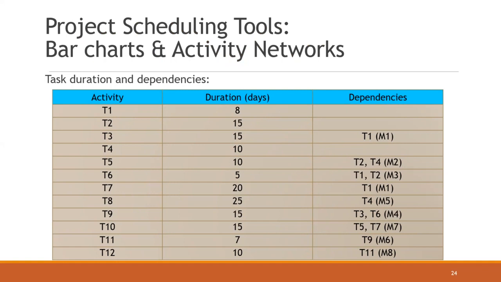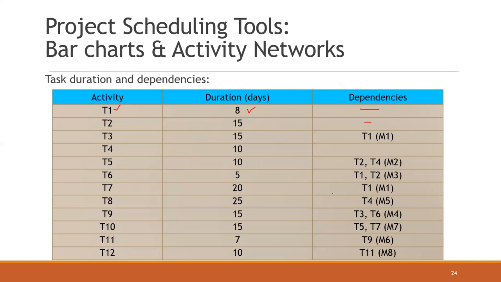So here they mention the different activities, their durations and the dependencies. For example, task 1 has no dependency, task 2 has no dependency, and task 4 has no dependency, and task 3 has the dependency T1.